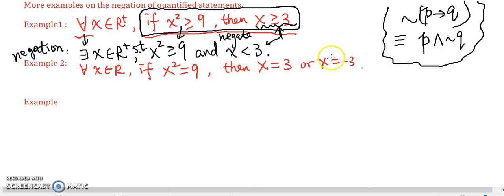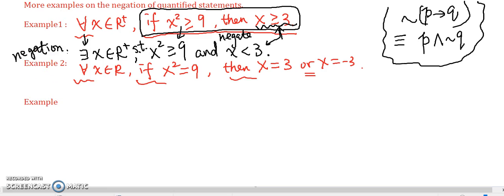Now notice that this statement is even more difficult than before because it involves a quantified statement, a conditional statement, and a disjunction, or. Okay, so in this case, we have to do 3 negations.